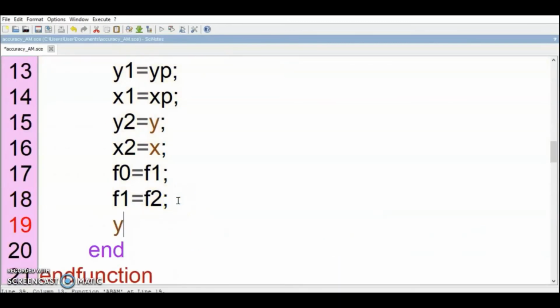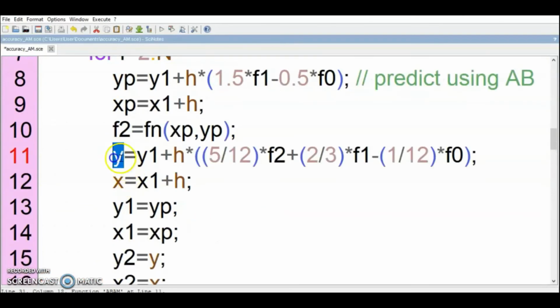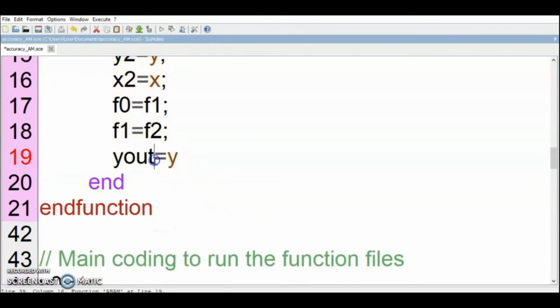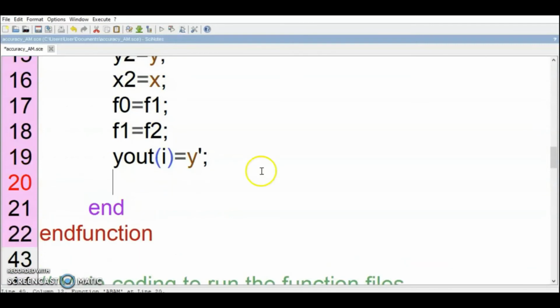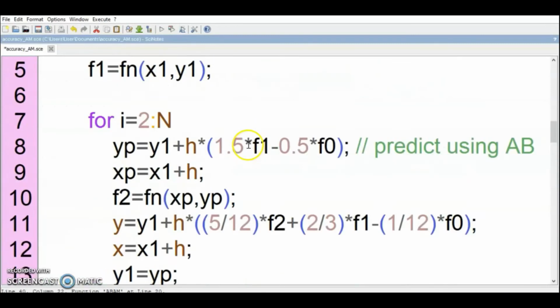So just put yout equals y, this y here, all these values. Yout i equals my y prime, meaning I'm going to give it all in a transpose. Xout i equals x. That will give me all the values.